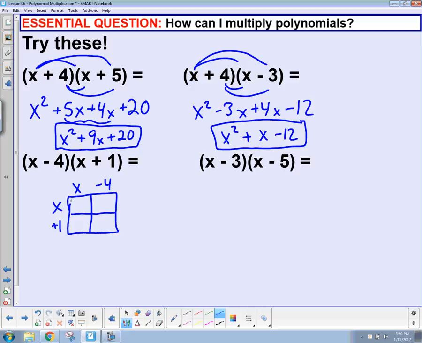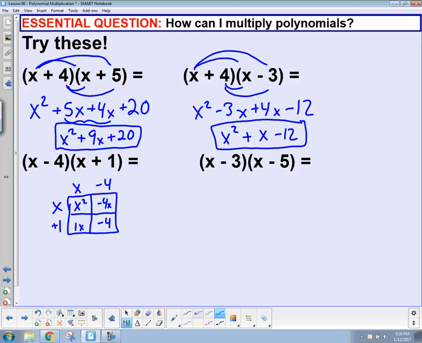Now, just like Punnett squares in biology class, you're going to multiply this one with this one where they cross. So x times x gives us x squared. Negative 4 times x is negative 4x. X times 1 is that 1x. I'll go ahead and put the 1 there. And then negative 4 times 1 is negative 4.